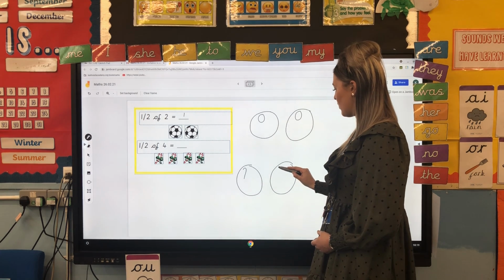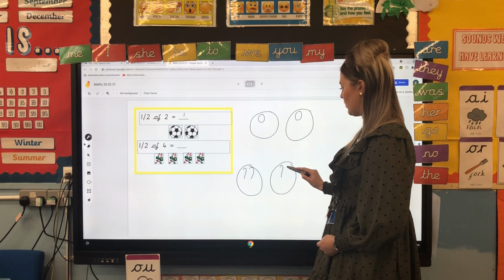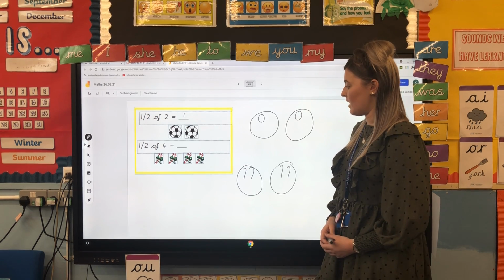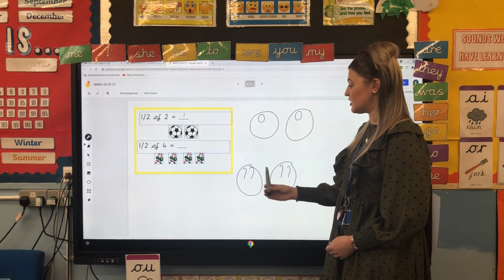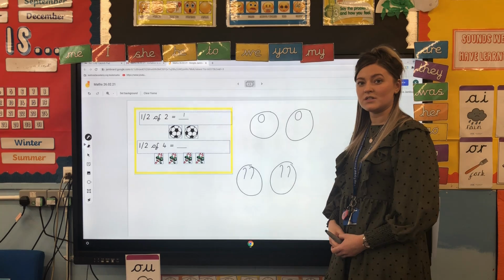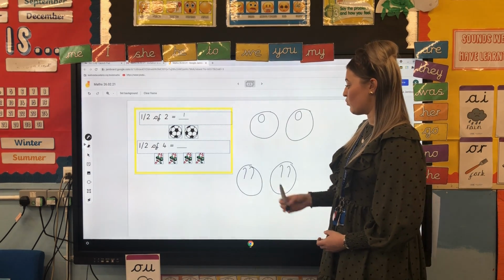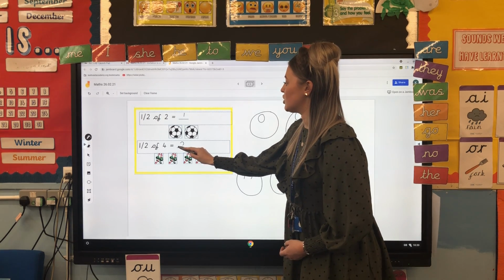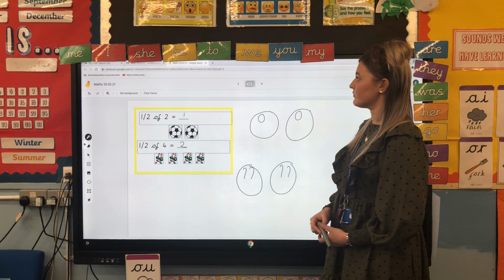One for you, one for me, one for you, one for me. I have shared the candy canes equally into my two groups. At home, can you tell an adult what my answer is? Well done if you have said 2. Half of 4 equals 2.